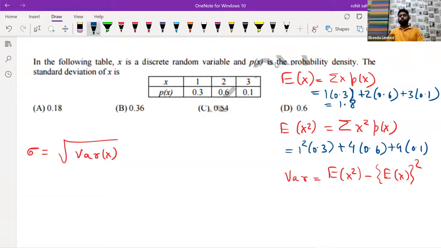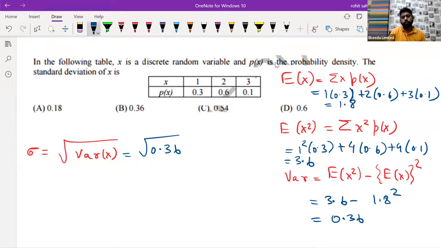So this is 0.3, 2.4. So 2.7 and then 0.9. So this should be 3.6. So this is 3.6 minus 1.8 square, which is 0.36. So this is square root of 0.36, which is 0.6. Correct. D is the right answer. Thank you, you told it correctly too.